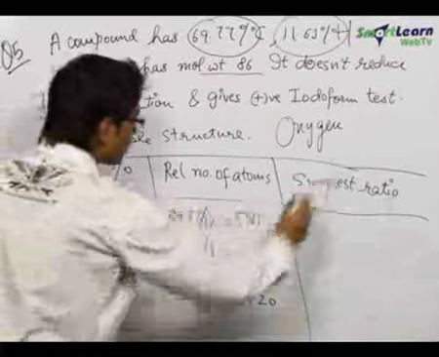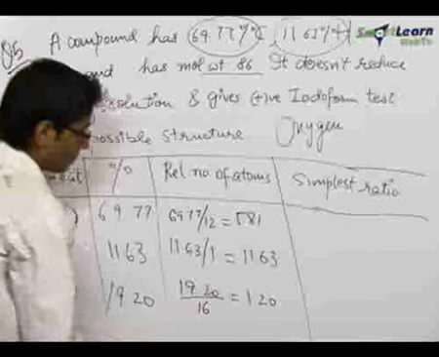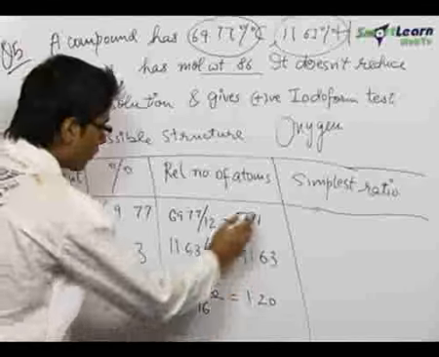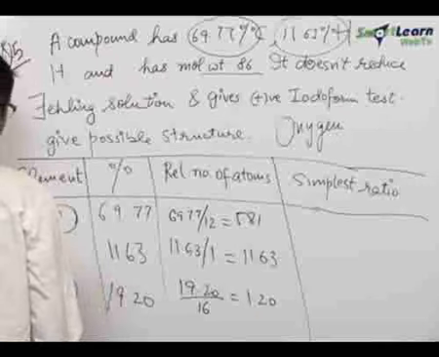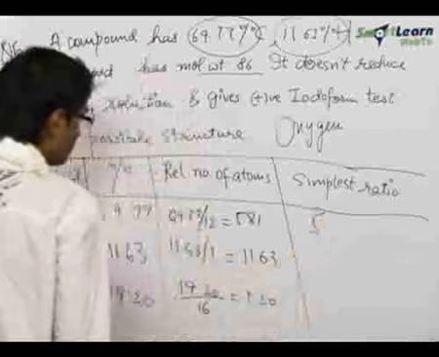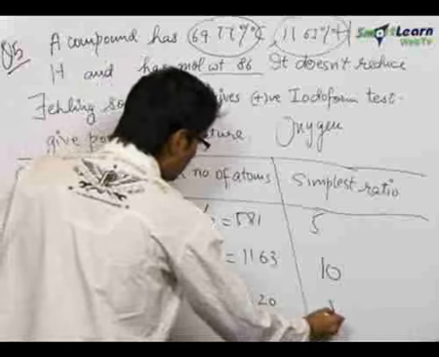The simplest ratio will be obtained by dividing each of these three by the smallest of the three. The smallest is 1.2, so dividing each by 1.2 we get the simplest ratio of carbon as 5, hydrogen as 10, and oxygen as 1.